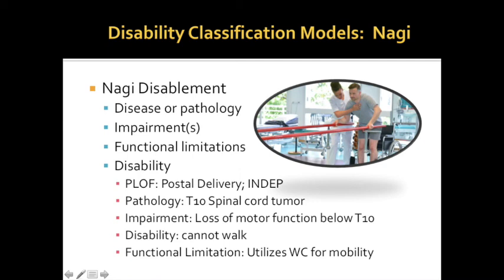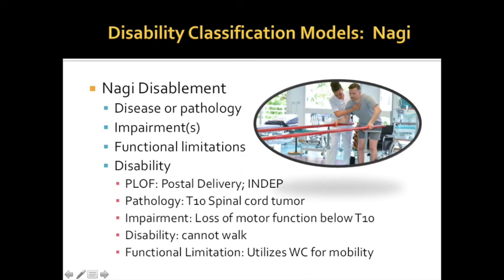Impairment, functional limitation, disability. What exactly do each of these terms mean? Let's start with impairment. Impairment refers to abnormality at the tissue, visceral, or body system level, and it can be mental or emotional in nature. Impairments can be temporary or they can be permanent.